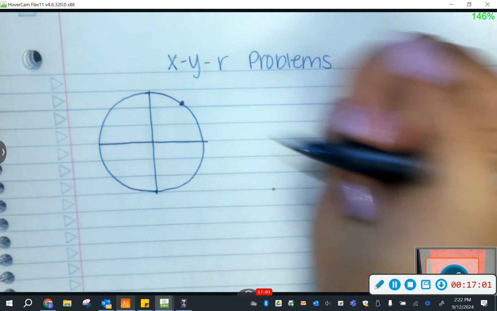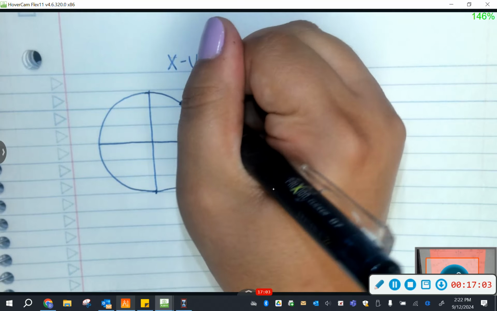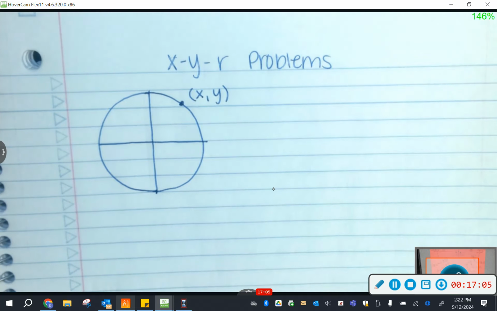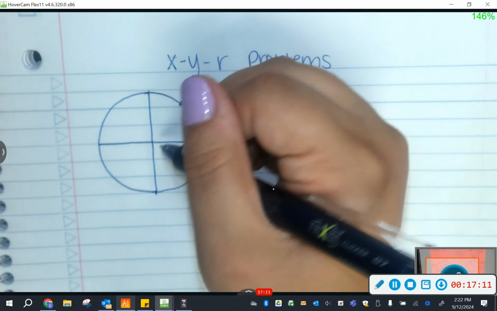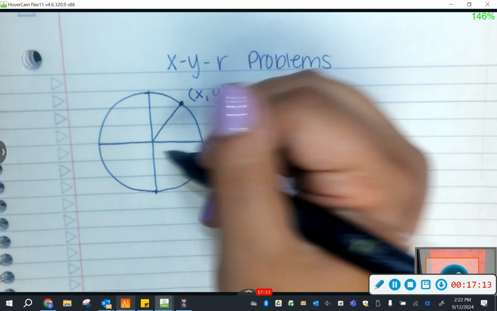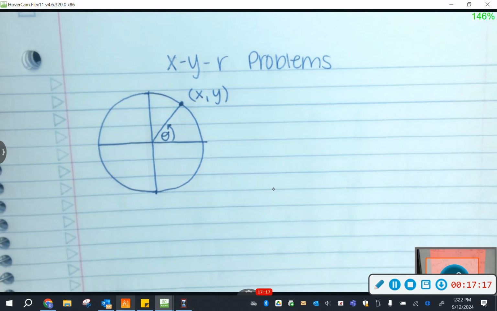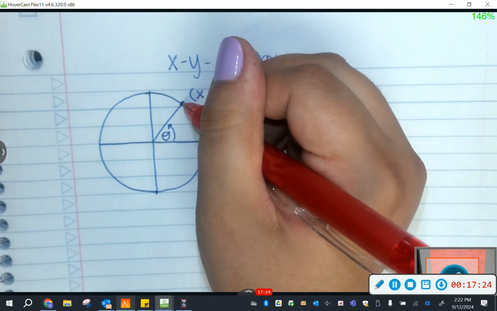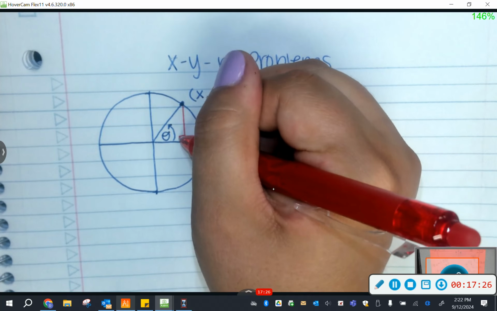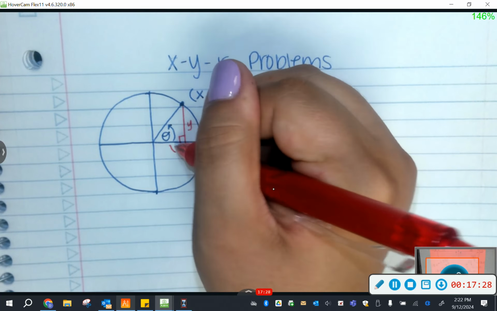If I were to choose a point right here, do you agree it would be represented by X and Y? I would say this right here is theta, from there to there. And do you agree I can make a right triangle with Y and X?